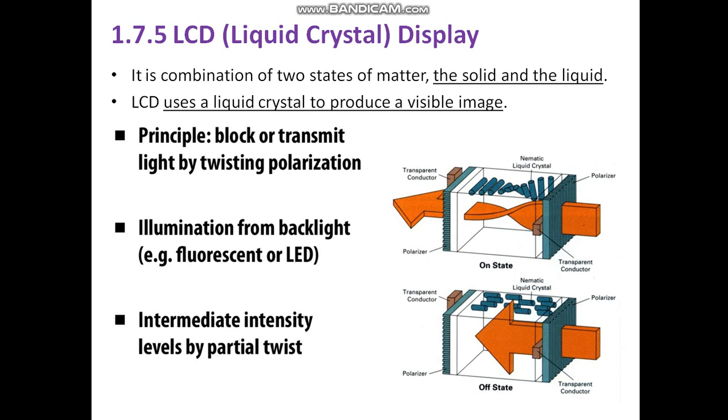In the on state there are two conductors, first a vertical and second a horizontal conductor. In the on state, the polarized light passing through the material is twisted so that it will pass through the opposite polarizer, and it is then reflected back to the viewer.